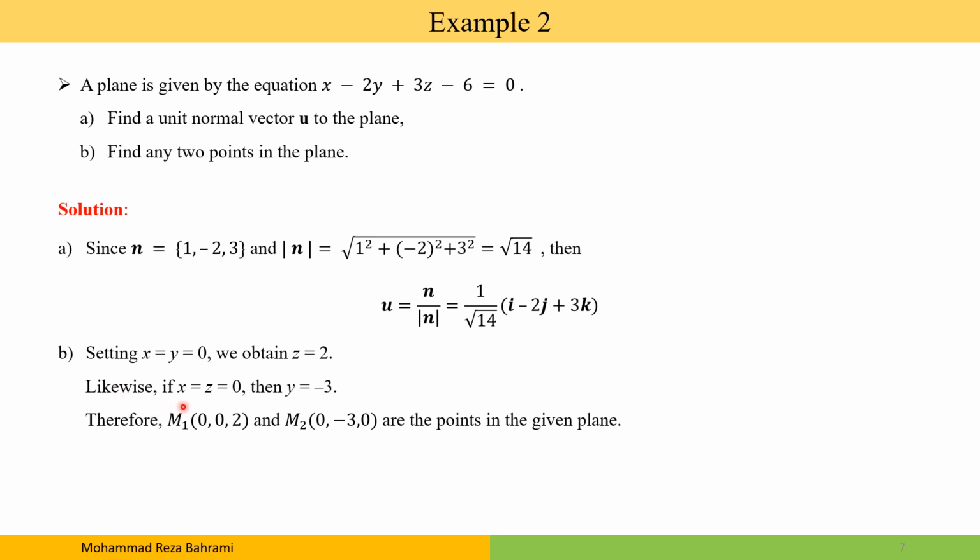And for the second one, we can say that x and z equal 0. Then we can calculate y from the equation of the plane, which is minus 3. So we can say that M1 with the coordinates 0, 0, 2 and M2 with 0, minus 3, 0 are the points in the given plane.